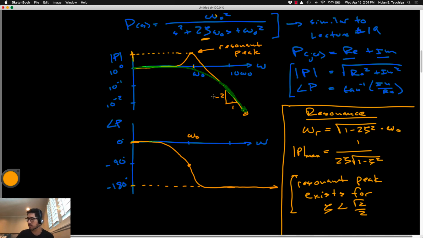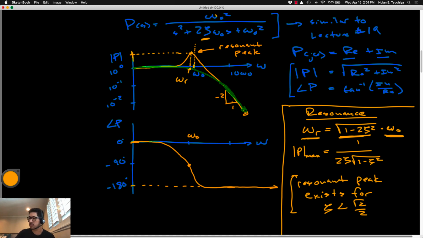Okay. The resonant frequency is always going to be equal or less than the undamped natural frequency if you just look at this computation here. So it'll be somewhere perhaps here, omega r, the resonant frequency. So this peak here doesn't exactly line up with the undamped natural frequency.